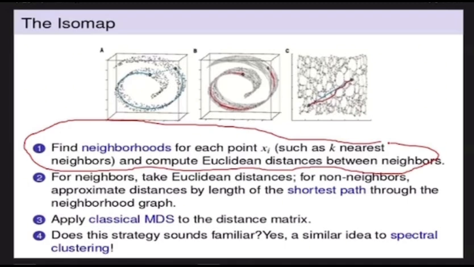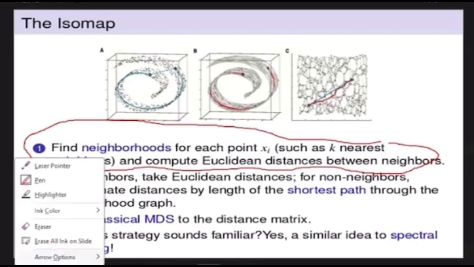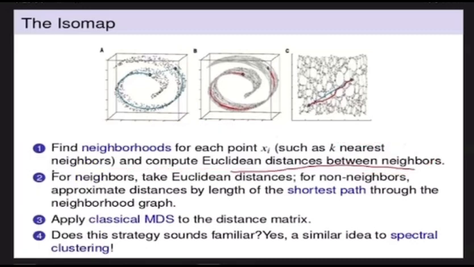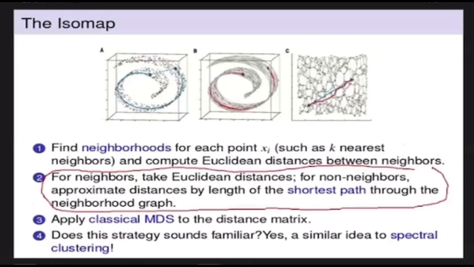Now, we compute the Euclidean distance between the nearest neighbors. After doing that, there will be some points that are not very close neighbors. We also need to identify that, and we consider the shortest paths between non-neighbors, and we also use Euclidean distance for that.